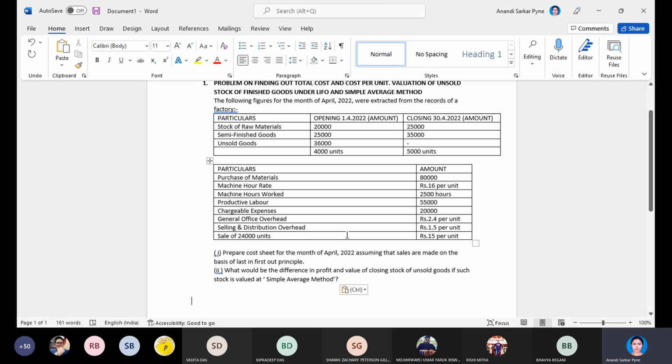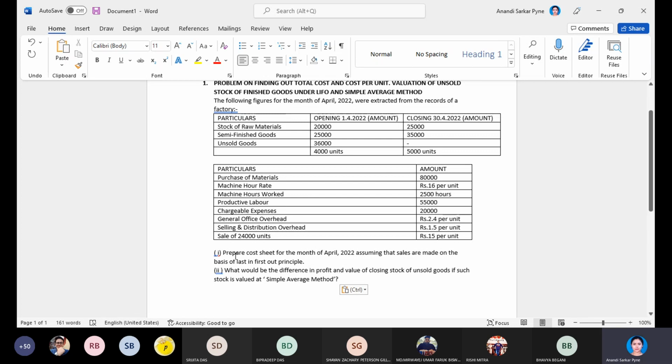So now let's continue with the problem. We need to prepare the cost sheet for the month of April 2022, assuming that sales are made on the basis of last in first out principle.